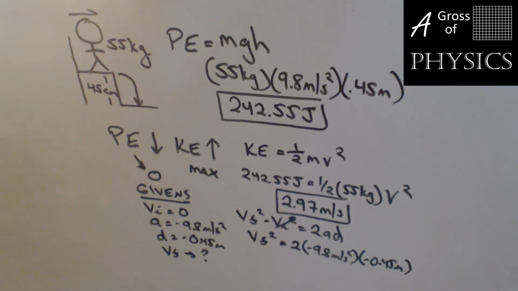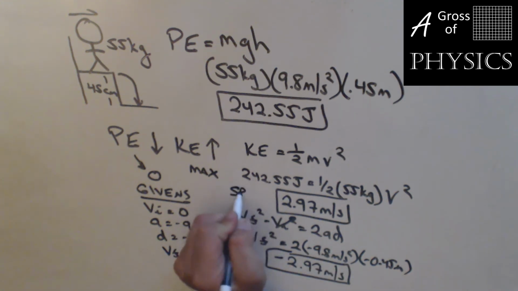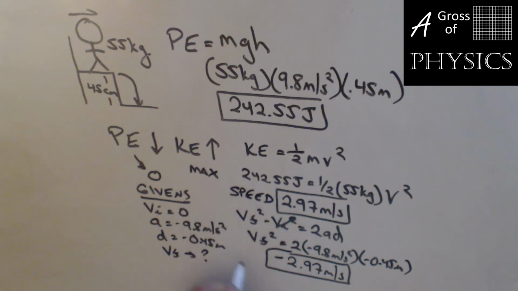And I bet if we do 2 times 9.8 times 0.45 and take the square root, we get 2.97. The difference is this is a vector and it would be negative. This is speed and this is velocity. But it looks a lot like the same way to get the same answer. So there's a lot of similarities between energy and equation 5 that we did much earlier in the year.